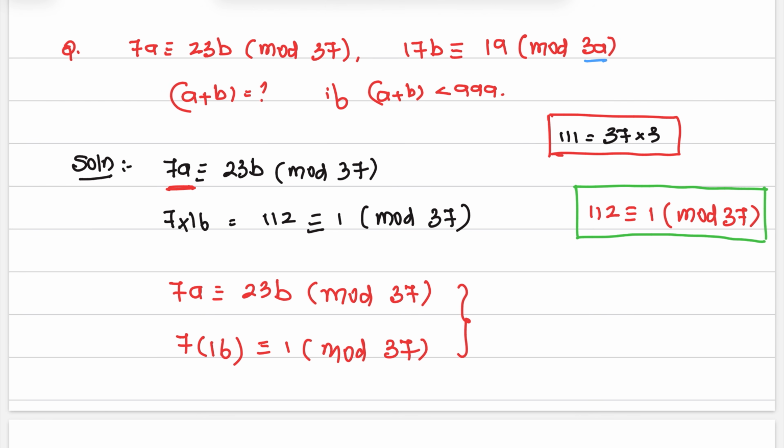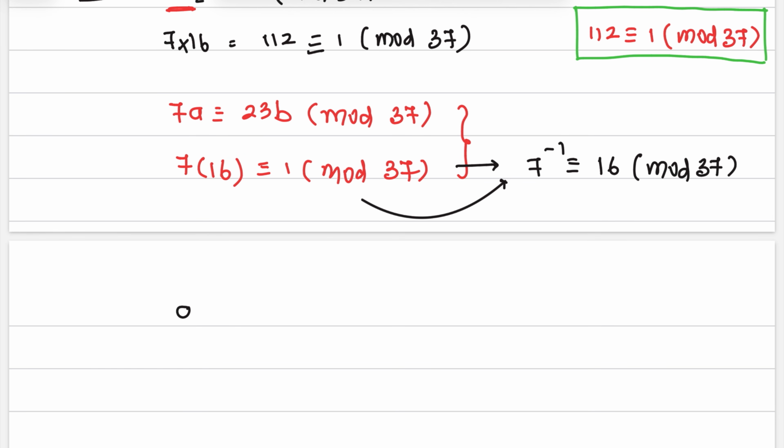What will you understand from these two? This one particular one implies 7 inverse is congruent to 16 mod 37. From this we can write like this. Because we require 7 inverse, we have gone into this process.